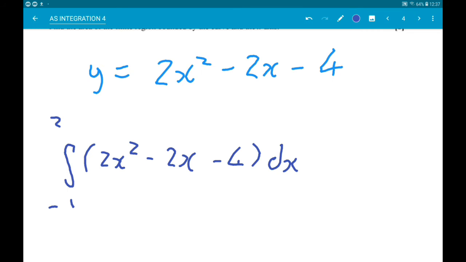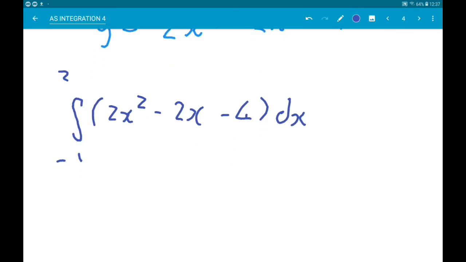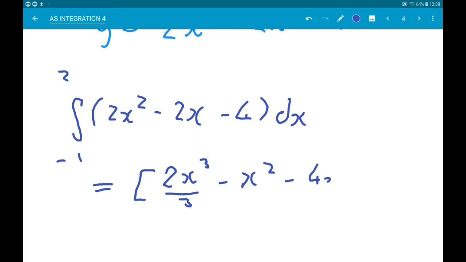Okay, so we're going to get 2x cubed over 3 minus x squared minus 4x. Okay, now plug in the limits.